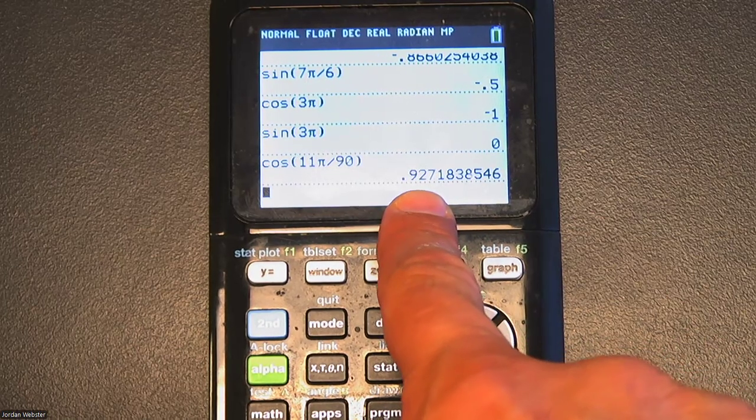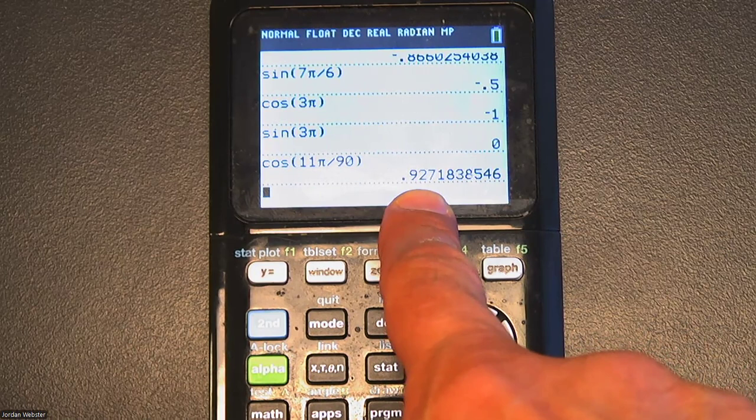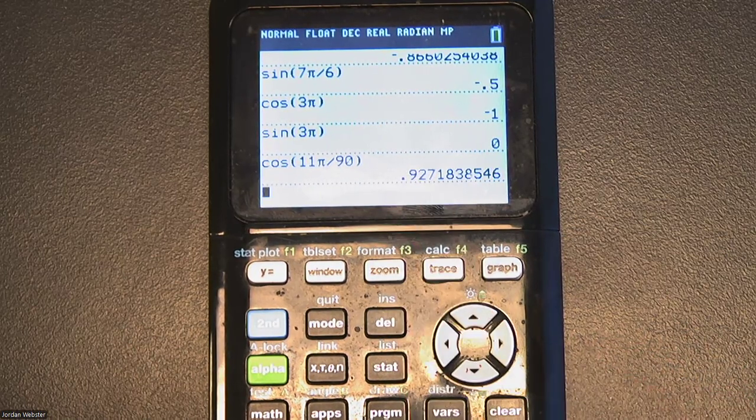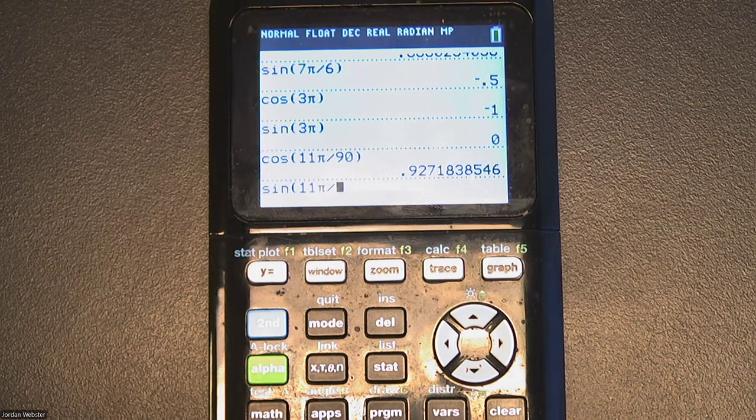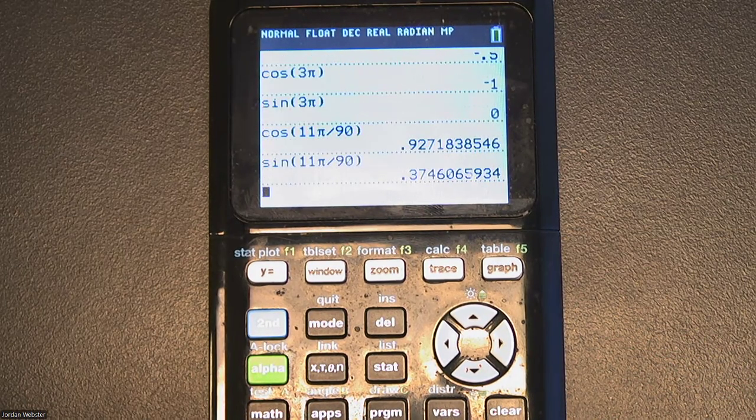That would be the x value output of the wrapping function. And sine of 11 pi over 90 would be the y value of the wrapping function.